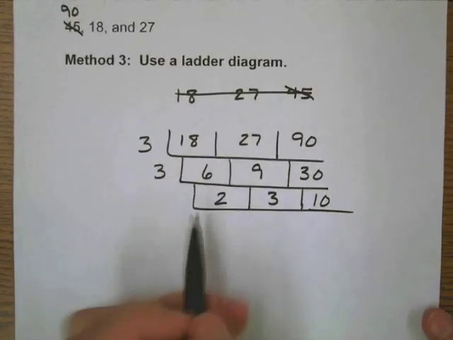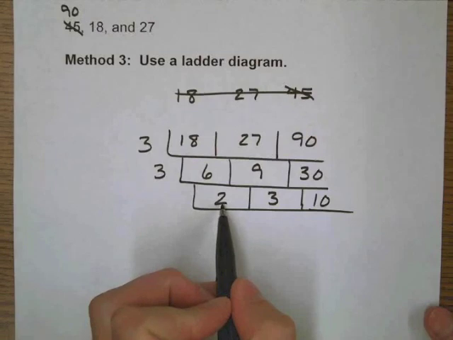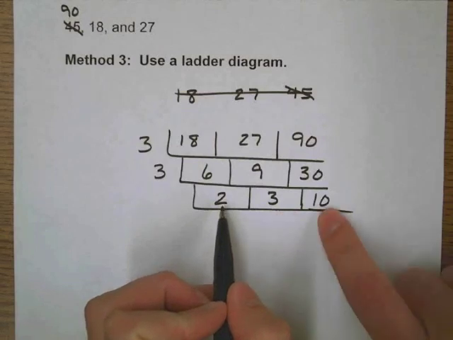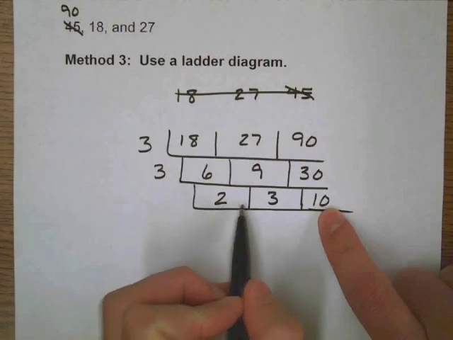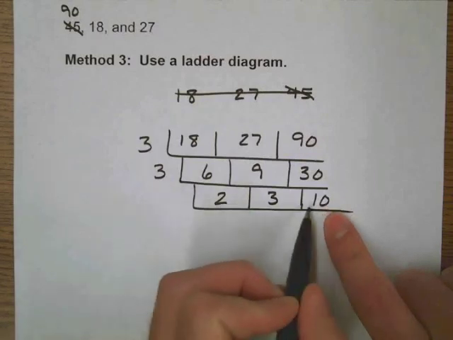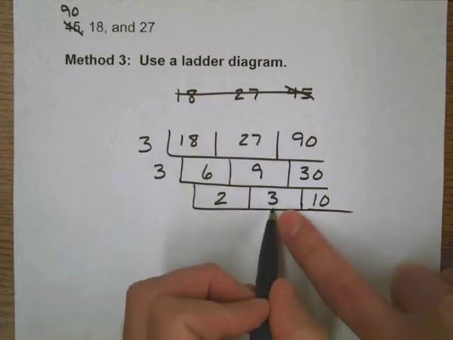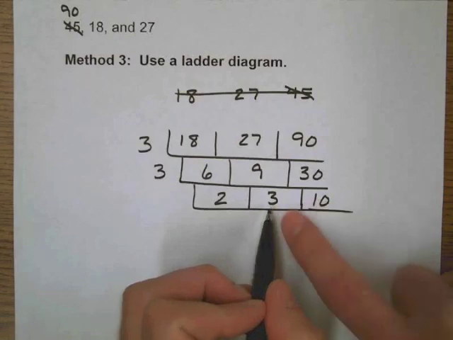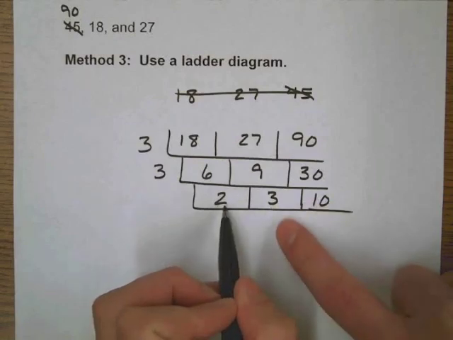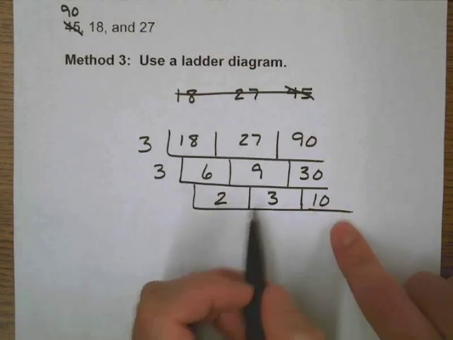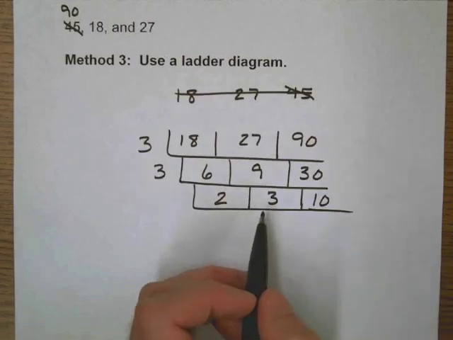So can I take out another common factor? Well, 2 is the only number I could take out of this, but 2 is not a factor of 3, even though it is a factor of 10. I need to be able to take this factor out of all 3 of these, just like I did in these two. So can I take a 3 out? Well, I can't take it out of 10, and I can't take a factor of 3 out of 2, so that doesn't work. So I'm done. I can't take out any more common factors.